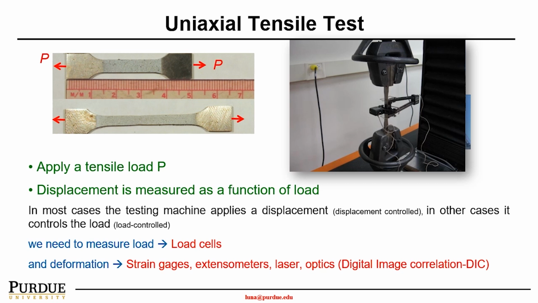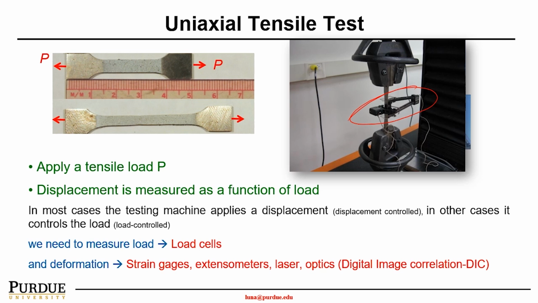In other cases, it controls the loading. It depends on the type of testing setup. Sometimes it controls the deformation, and sometimes it controls the loading. We need to measure the load by using a load cell. And for deformation, we can use a strain gauge or an extensometer, as shown here.